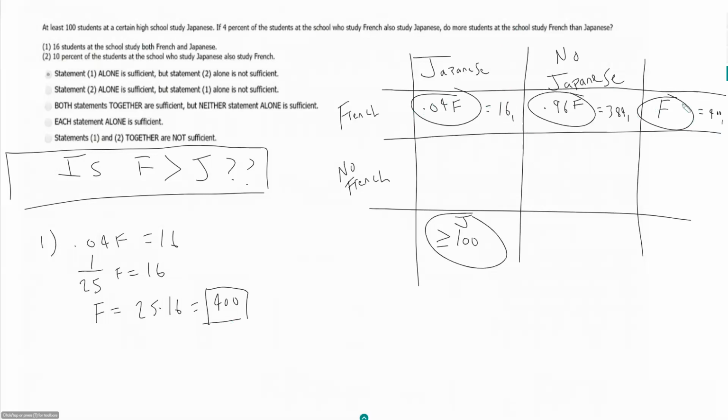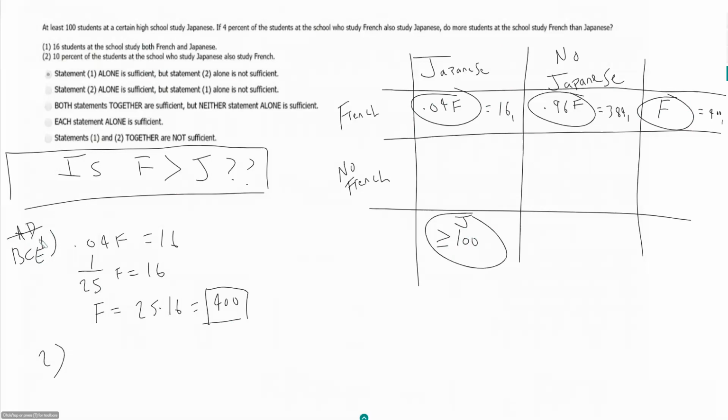I know a lot about my French students, but I don't know that much about my Japanese students, other than they are greater than or equal to 100. Therefore, I cannot really compare them to my 400 French students, because I could have 500 students studying Japanese, or I could have 200. So our first statement is insufficient.